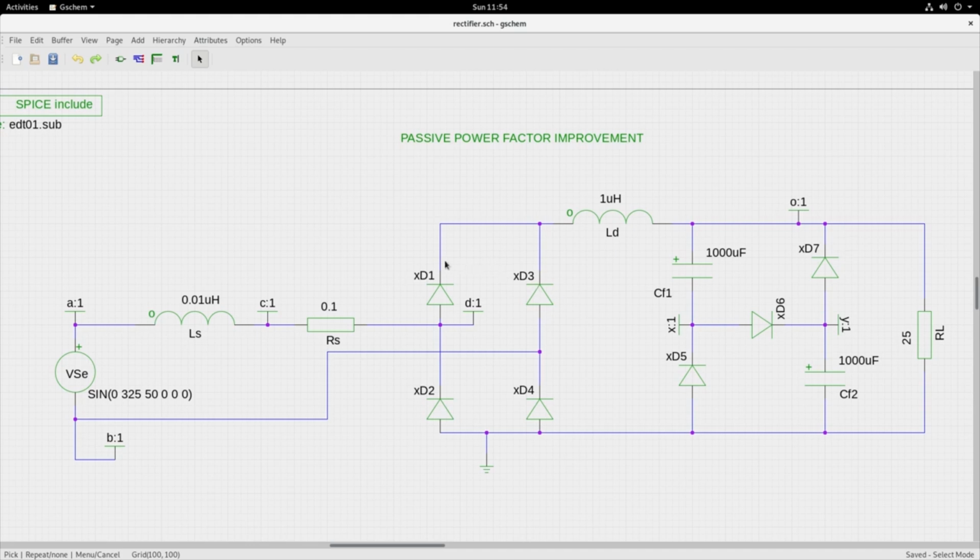So now to simulate, we need to go to the terminal, but before we do that, I want to make some changes in the rectifier.cir file to see what we would like to measure, and let me open it and show it to you.